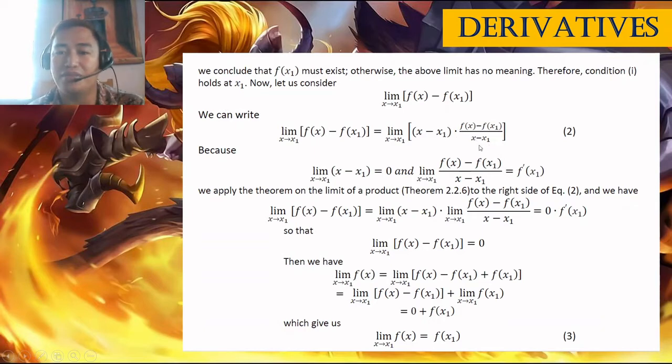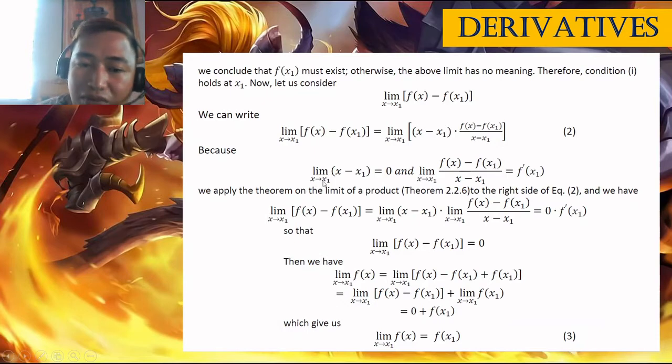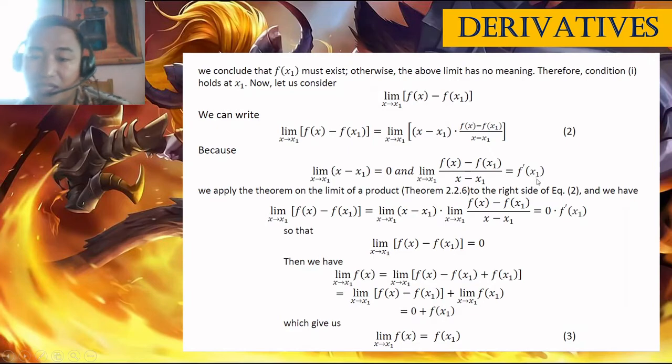It is like multiplying by 1, so it cancels, and the answer is the same. The limit of x minus x sub 1 is equal to 0, because x approaches x sub 1, so x sub 1 minus x sub 1 becomes 0. And then the limit of the other factor is the formula for f prime of x sub 1. So, its limit is f prime of x sub 1. Now, we apply the theorem from earlier.